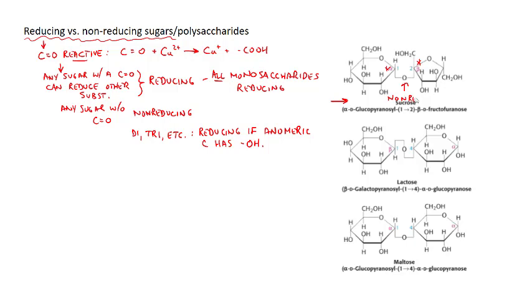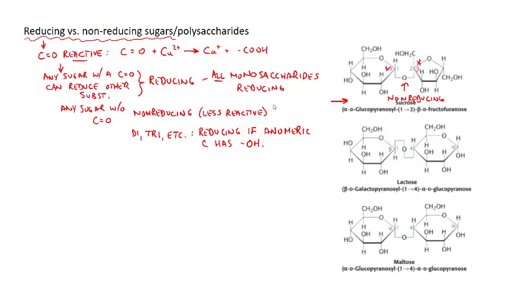Sucrose is non-reducing. And non-reducing sugars are much less reactive chemically than reducing sugars. And that's why sucrose is so useful as a sweetener, because it doesn't break down and react with other stuff the way that plain old glucose or something like that would, because it's non-reducing.